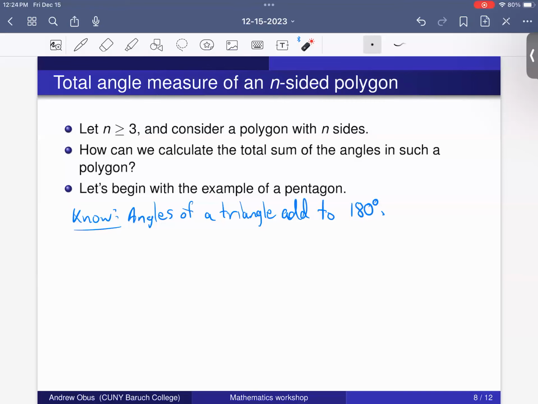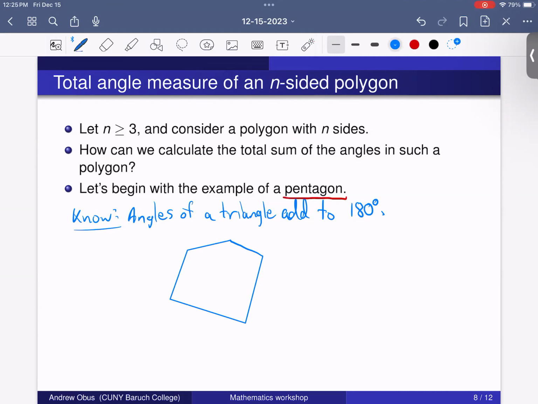So let's begin with the example of a pentagon. I'm going to draw a pentagon. It's not going to be a regular pentagon. It's going to just look like this. So I drew a pentagon, right? It has 5 sides. And I want to know, what is the sum of the angles in this pentagon?